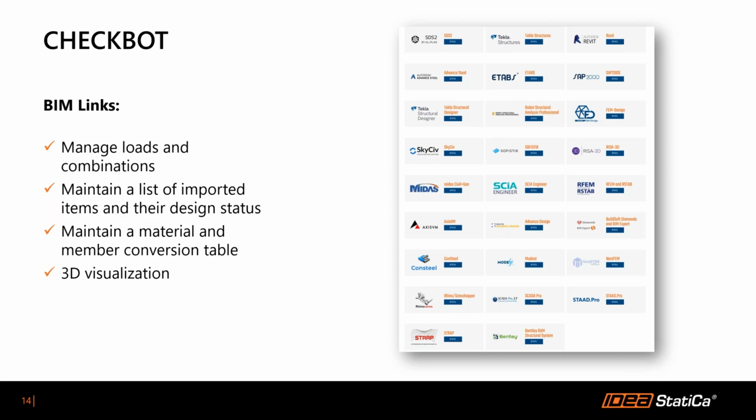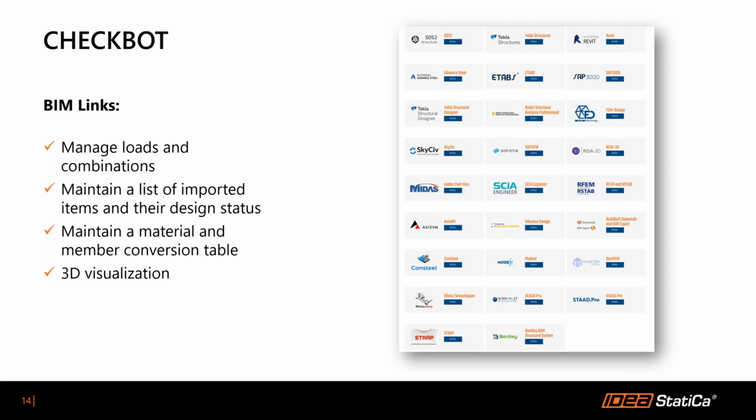To do that, we have created a rich collection of BIM links with the most important structural analysis applications, and through these BIM links, information about geometry, connectivity, and loading is collected and managed in one place, which is the Checkbot project file. This is very important because that way we can maintain information about already designed parts and just synchronize the changes that often happen in engineering workflows and just update the calculations without too much effort.